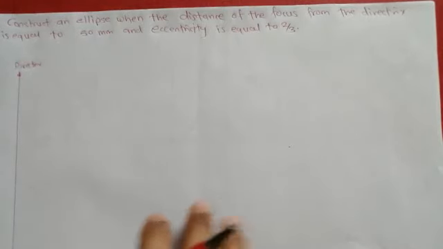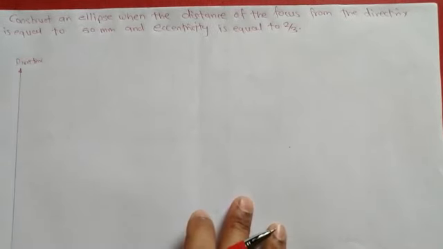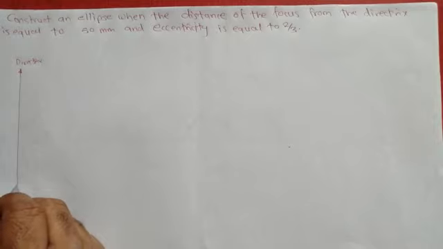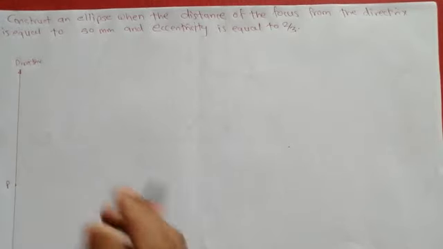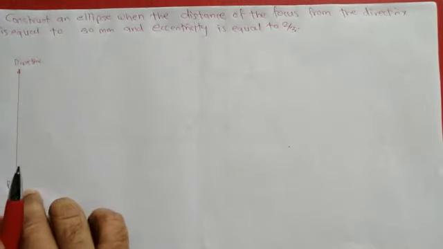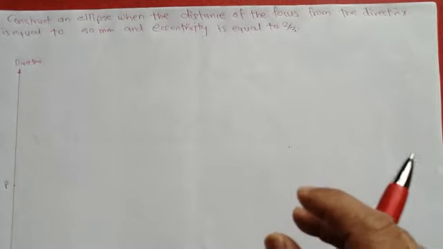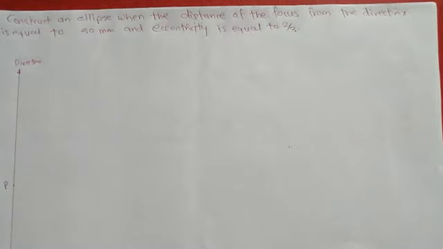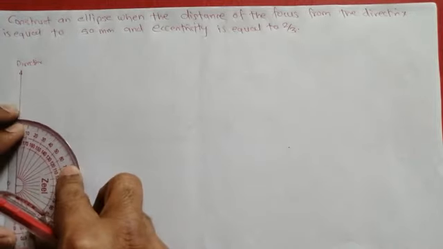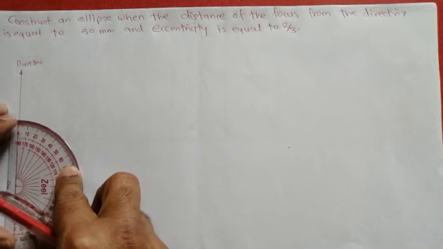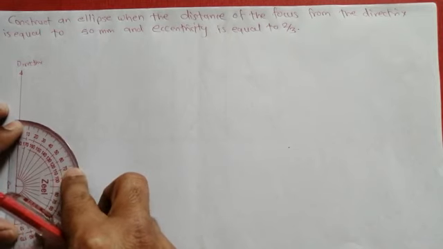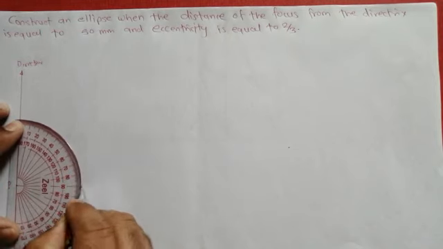Now on this directrix, so as to construct an ellipse, first locate one arbitrary point. This point is P, which is there on the directrix. Now from this point P, we'll draw the axis of an ellipse. This axis obviously will be exactly at an angle of 90 degrees to this directrix. So we'll use a protractor so as to draw the axis of the ellipse.